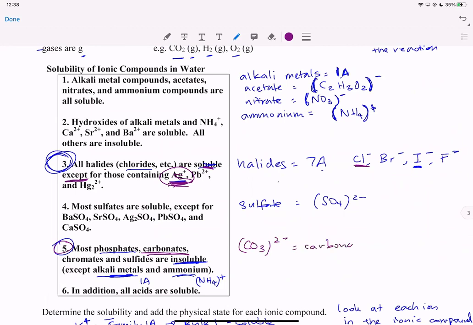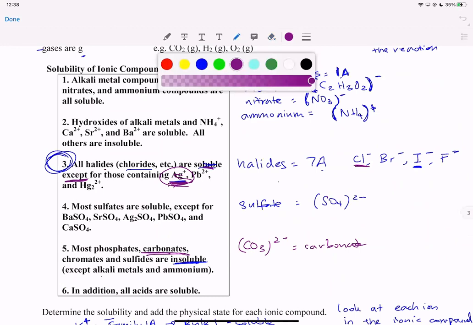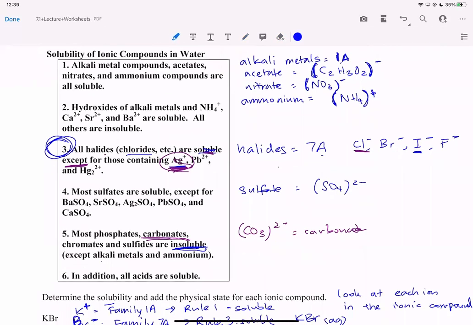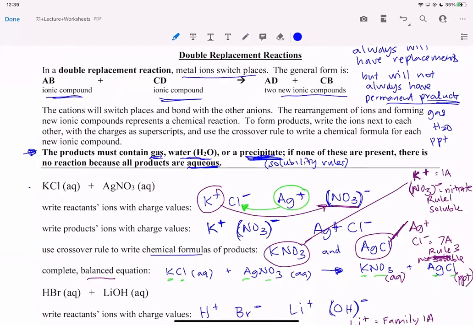Rule 5 says that phosphates, carbonates, chromates, and sulfides are insoluble. Insoluble, remember, means precipitate. So let's bring this back down here.